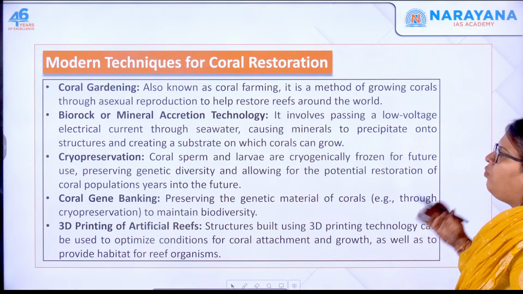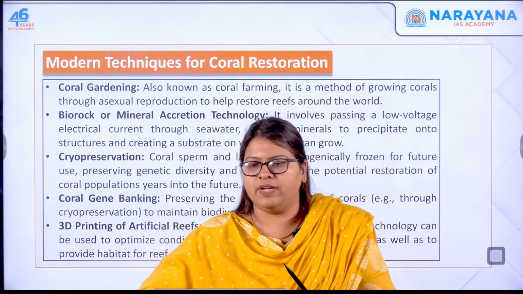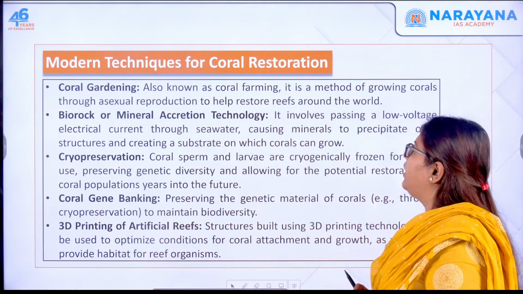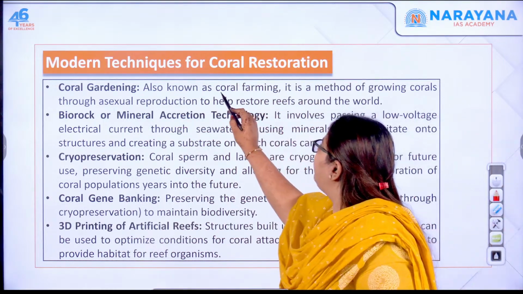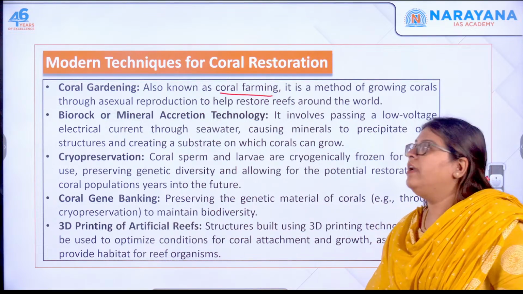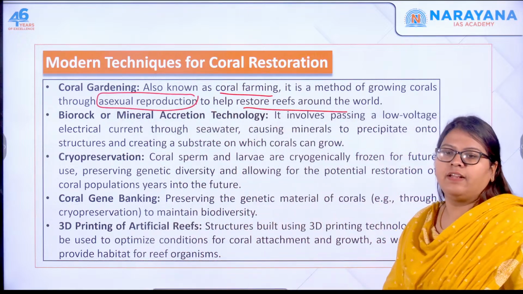Now move forward. What are the modern techniques that are used in the restoration of coral? First one, there is a process called coral gardening. It is also called coral farming. Here they grow corals by asexual reproduction. This is to restore the reefs around the world.